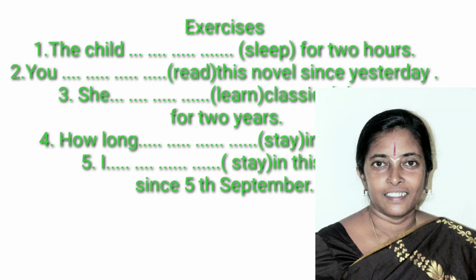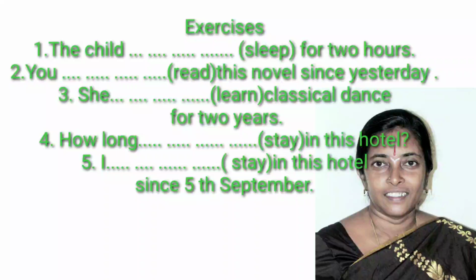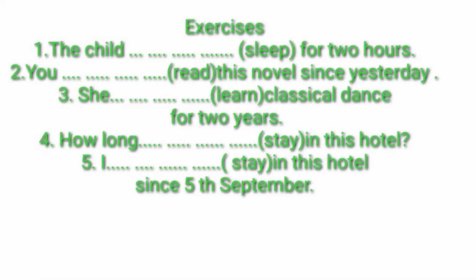Let us do some exercises to have a better understanding of it. Look at the sentences very carefully. The first one, the child, and after that 4 blanks are given. For 2 hours, in the bracket sleep is given. So you can understand that when a period of time is given, it might be present perfect continuous tense.